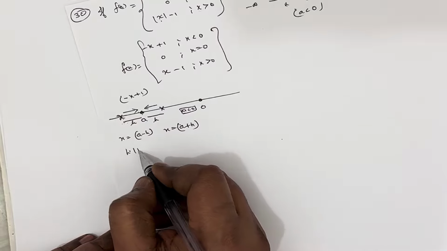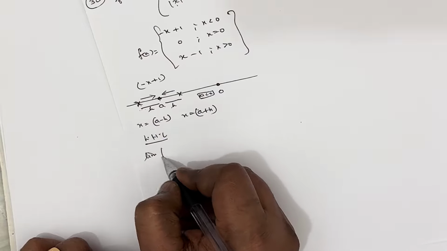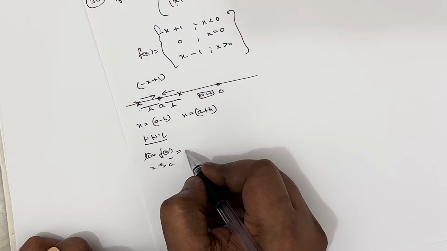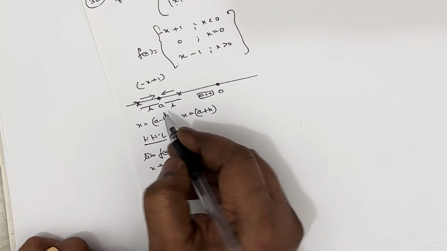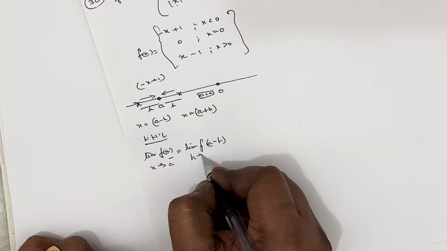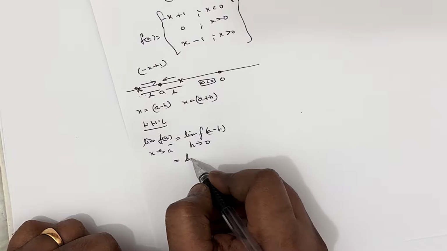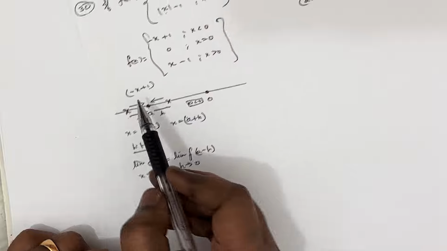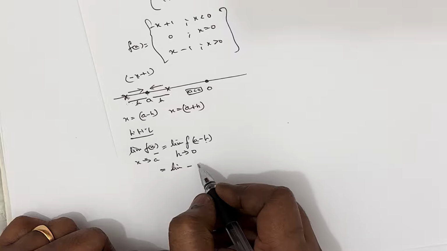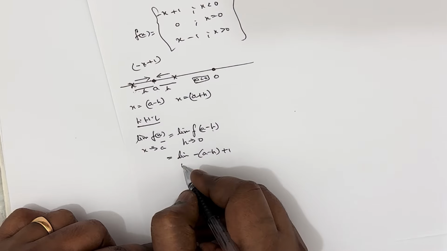So the left hand limit will be limit of f of x as x approaches a from the left hand side, which is equal to limit of f of a minus h as h approaches 0. Now let's replace x in the function with a minus h, so it becomes minus of a minus h plus 1, as h tends to 0.